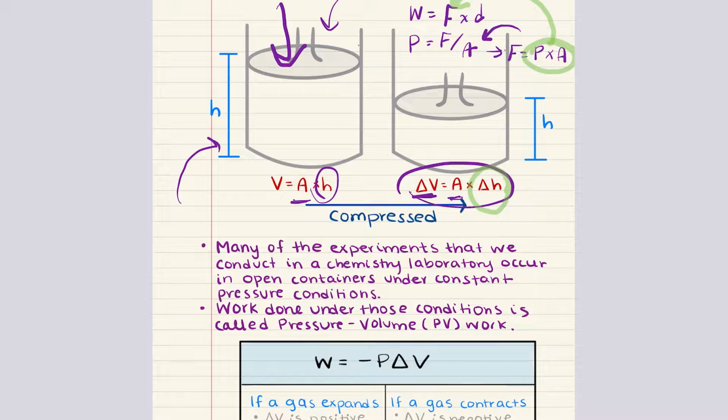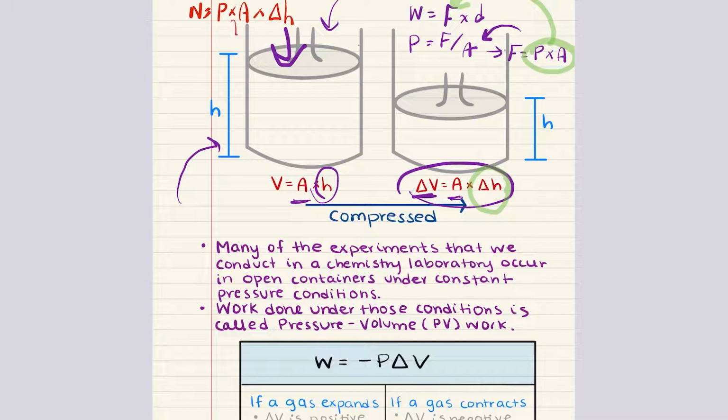We can write that work is equal to pressure times area times distance. And here, the distance that the piston was moved was actually delta H. That's how we defined it. So now we can write work as pressure times area times distance, where distance is delta H.